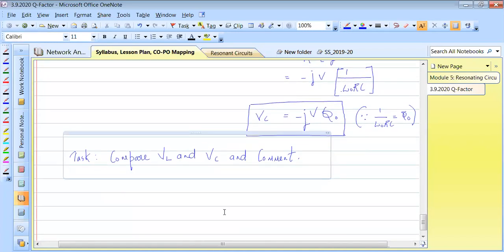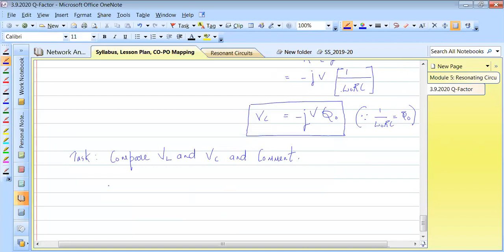No. You have to talk in terms of magnitude, I'm saying. Can anybody do that? What is the magnitude of VL?